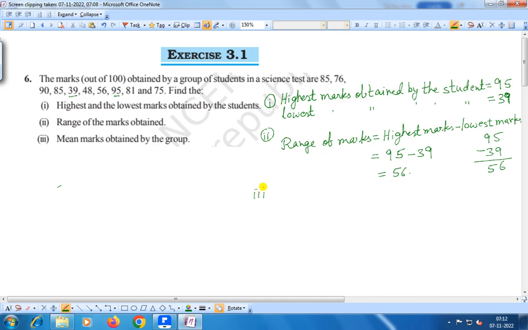Question number 3 is mean marks obtained by the group.